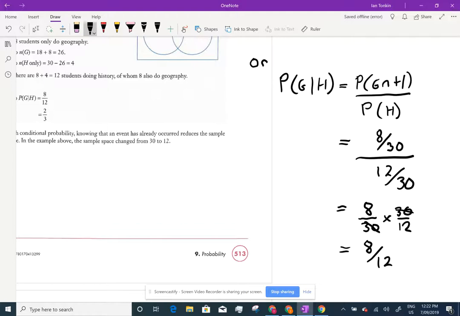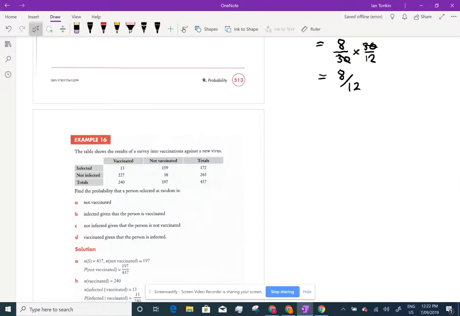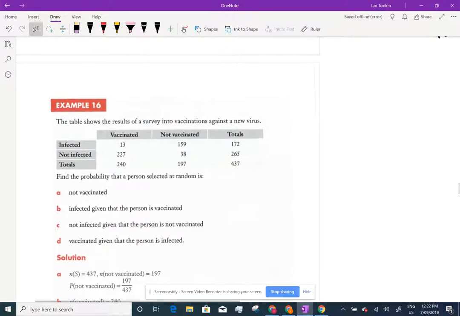The other option, other than a Venn diagram, is also a two-way table. So let's have a look at this table. This table shows, and you can do a two-way table or a Venn diagram, they're the same thing.